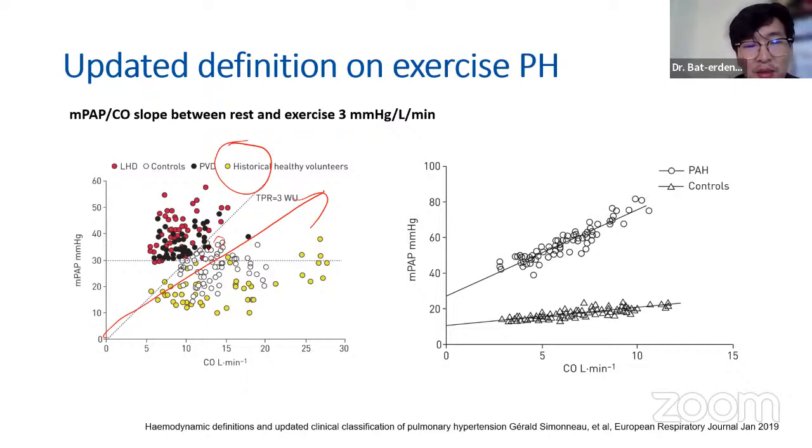Many clinical reviews and studies suggest that 30 alone is not enough to detect exercise pulmonary hypertension. So the new guidelines suggest that a slope over 3 mmHg per liter per minute at exercise is the new definition of exercise pulmonary hypertension. So those are the 2 huge changes in the definition.